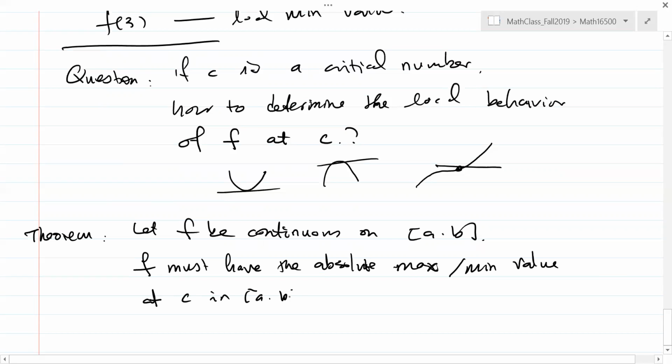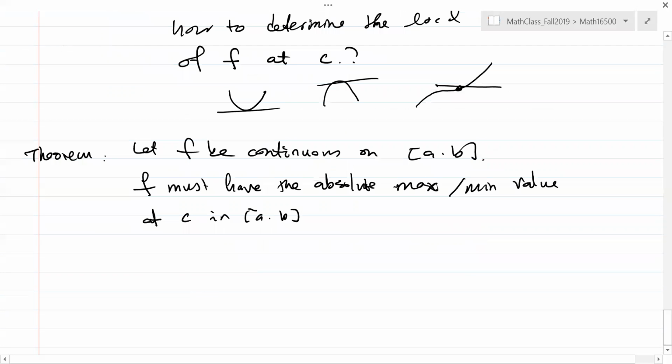And this c could be an endpoint. If c is inside the interval, then c must be a critical number. But c could be a critical number inside the interval or could be an endpoint. So you have many candidates here: critical numbers and endpoints, right?